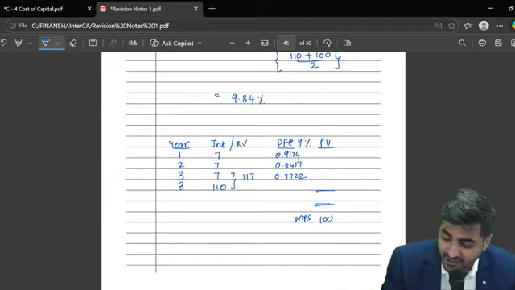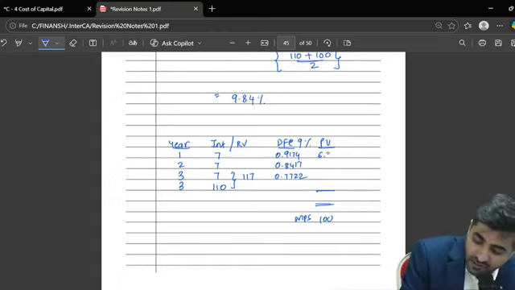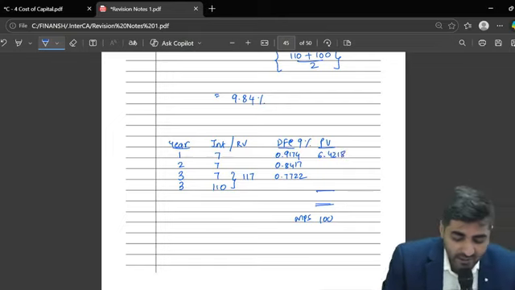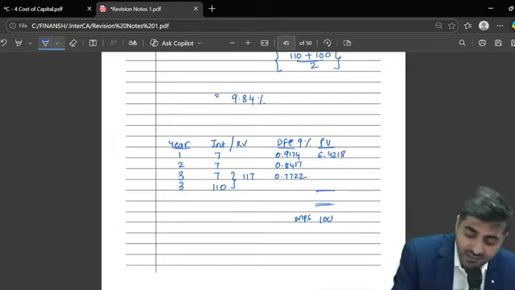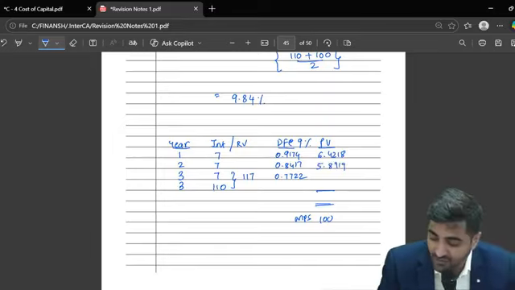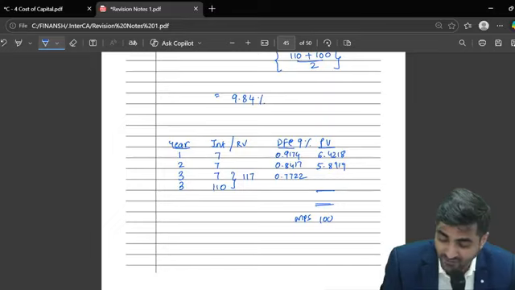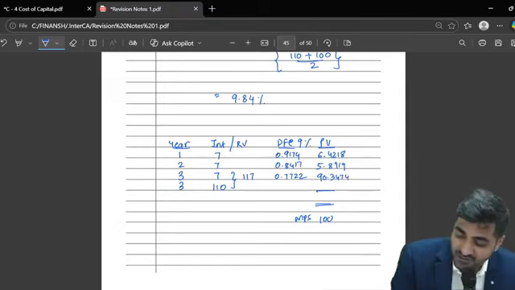So on that basis, I can get the present value: 7 into 0.9174 will give you 6.4218. If I take 7 and multiply that by 0.8417, this will give me 5.8919. And if I take 117 and multiply that by 0.7722, this will give me 90.3474.